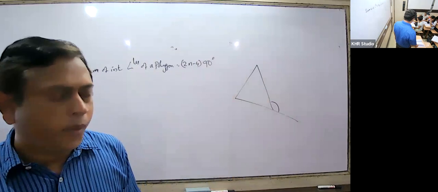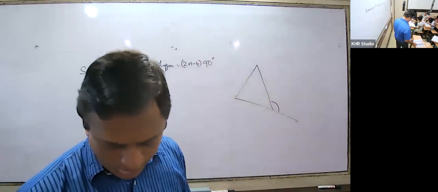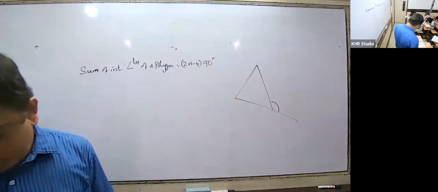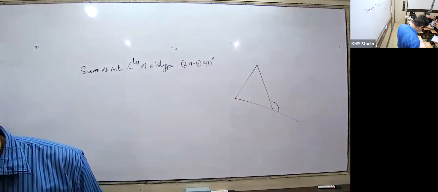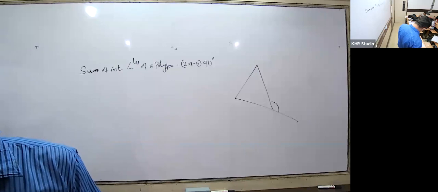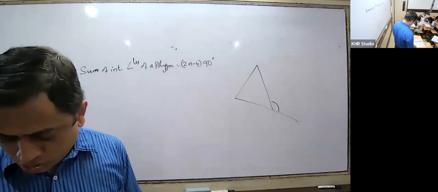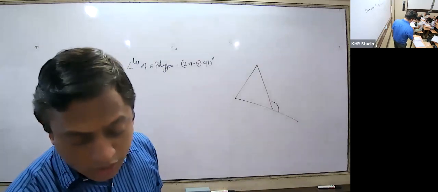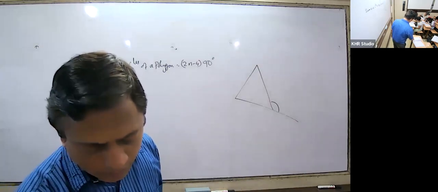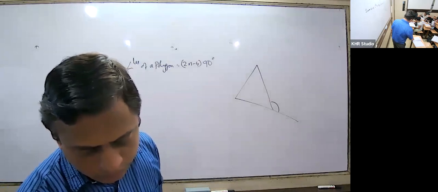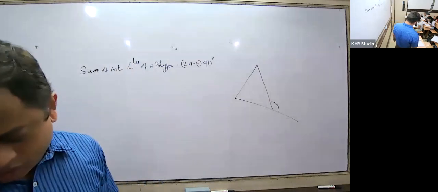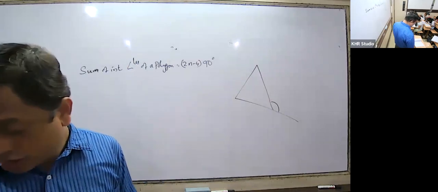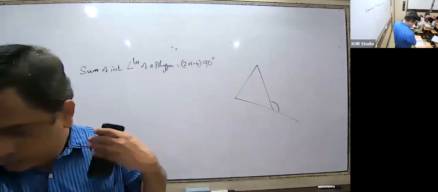Written? Yes. One more property. When the sides of a polygon are produced in order, the sum of the exterior angles is equal to 360 degrees.